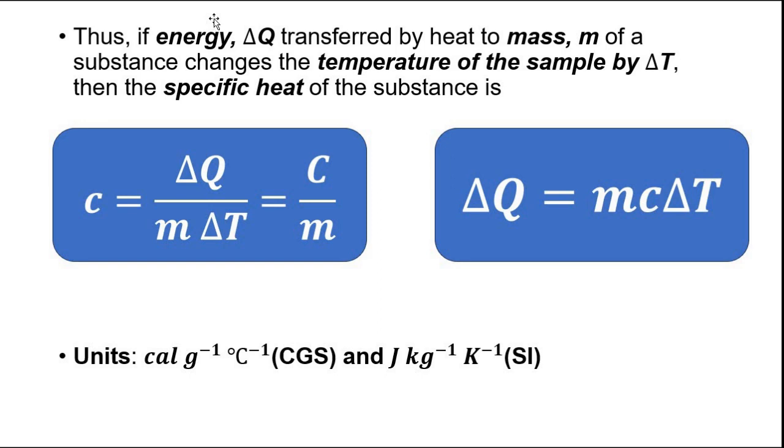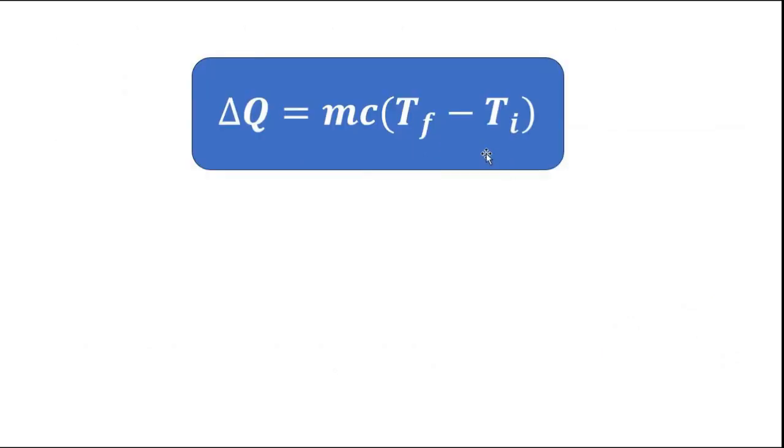Let's say we supply heat energy delta Q to a mass M of a substance, M kg or M gram, and the temperature of that substance increases by delta T. So specific heat is delta Q by M delta T, or we can write it as delta Q equals M C delta T, which is the heat energy supplied, M C (T_F minus T_I), where T_F is the final temperature and T_I is the initial temperature.